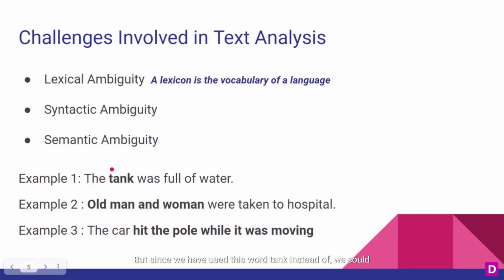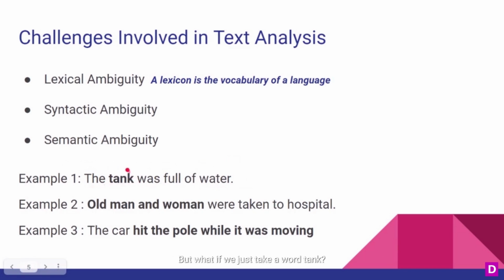But since we have used the word tank, instead of water tank, we are making an assumption that we are talking about a water tank based on the other contextual words here, right? By reading this entire sentence, we come to the conclusion that we are talking about a water tank.